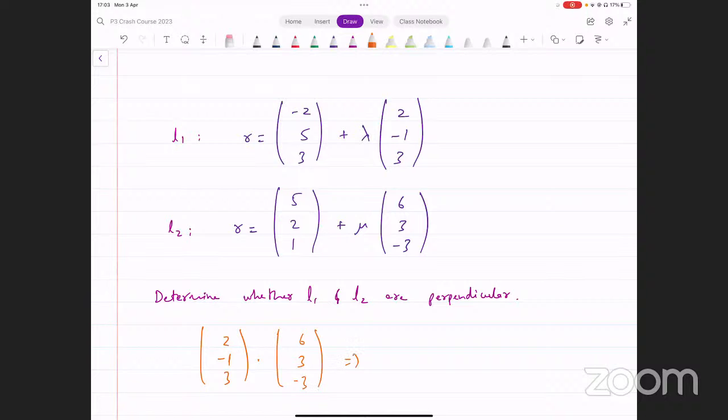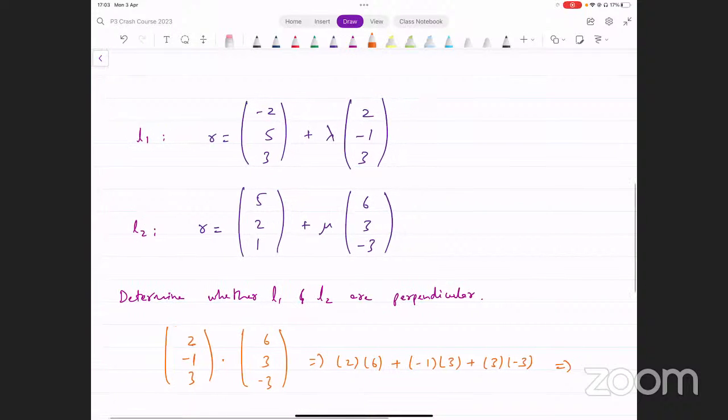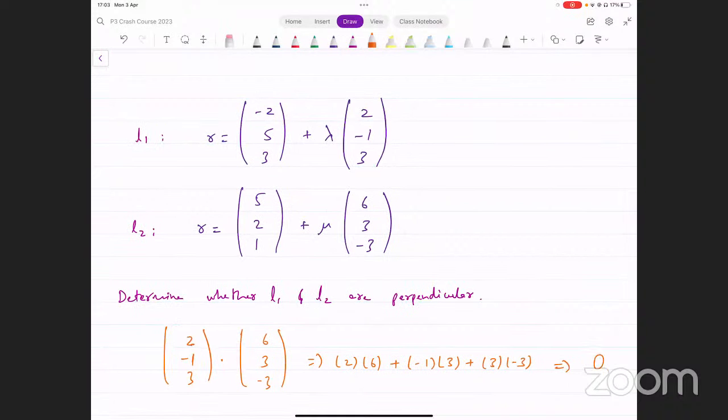And we just evaluate this thing. So it's 2 into 6 plus -1 into 3 plus 3 into -3. Let's see what this turns out to be. 12 - 3 - 9, and that is 0.